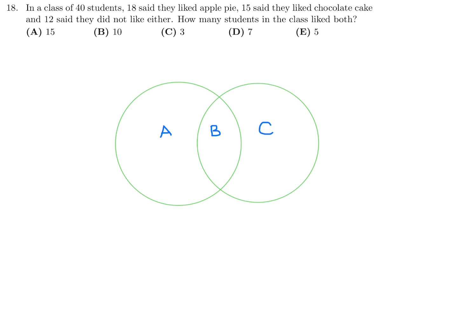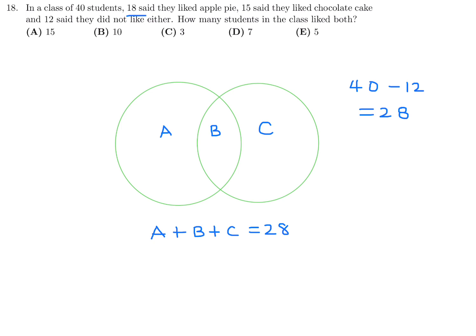So first thing that we know is that of the 40 students, 12 did not like either. So 12 are not going to be part of ABC. So that means only 28 will be part of ABC. So that basically means that A plus B plus C is 28. Then 18 liked apple pie.